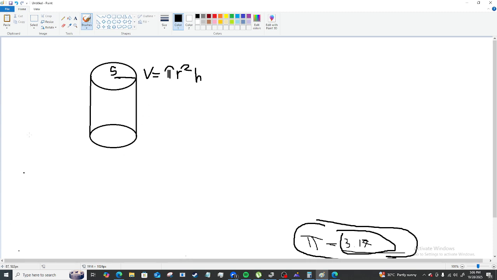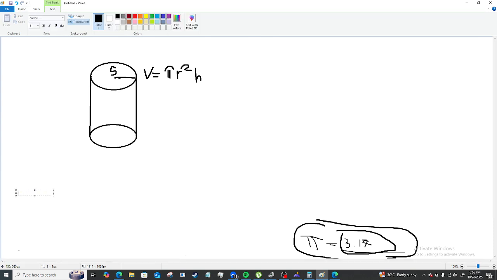Remember, radius is half of the diameter.